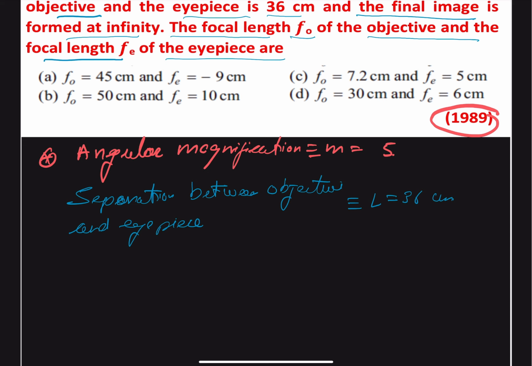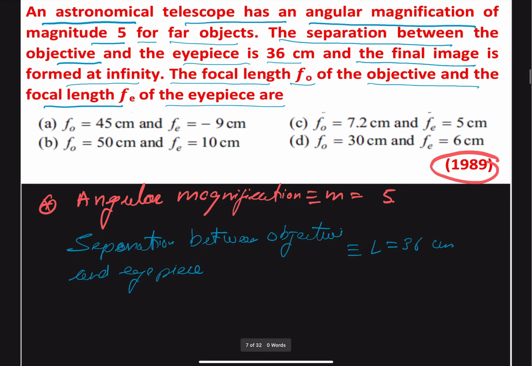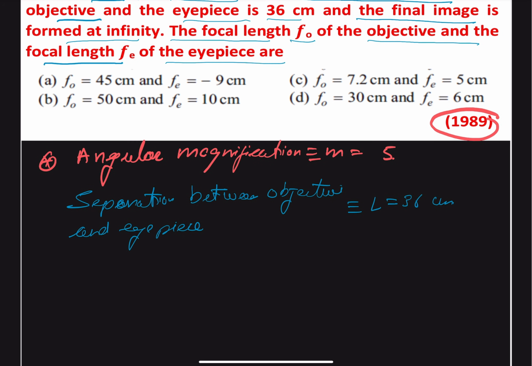And we already know that in case of normal adjustment of the astronomical telescope, L is equal to F0 plus Fe.